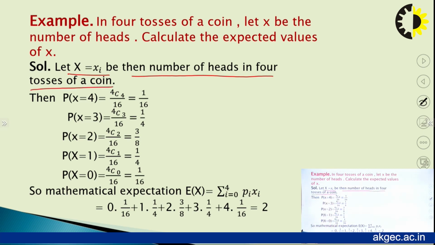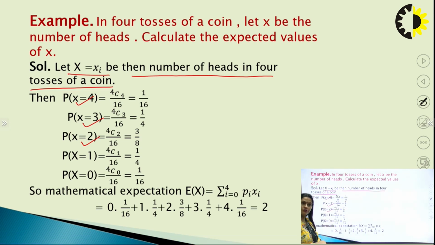So you can see that if there are 4 tosses, then either all 4 times we will get the head, or we will get head 3 times out of 4 tosses, or we will get head 2 times out of 4 tosses, or we will get head one time out of 4 tosses, or we will not get head even a single time in 4 tosses.